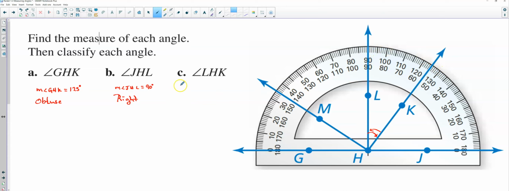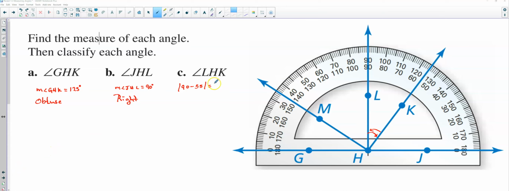You're going to say, well, the protractor postulate says that the absolute value of the difference of the coordinates, in this case, is 90 minus, and I'm using the inner scale, that's 55. Okay, 90 minus 55.